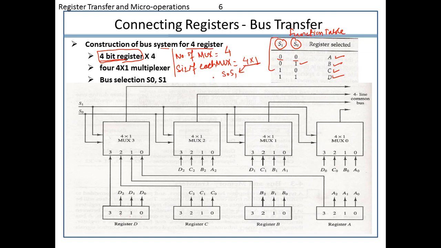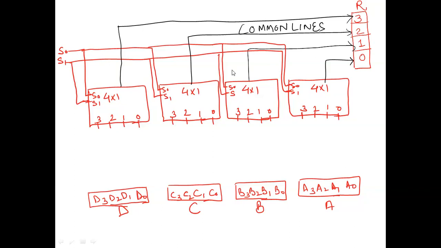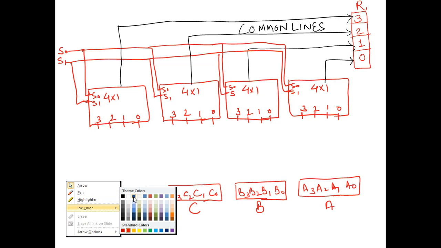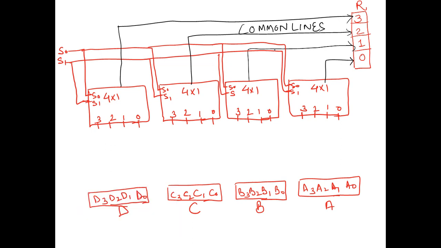So let's understand in more detail how it will provide me a common bus line with the use of this entire scenario. I have designed a layout here, so let's understand how I can design the circuit diagram for this. These all are the registers, and these are the multiplexers.